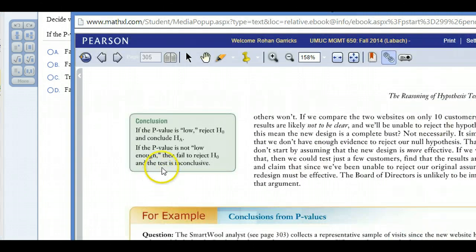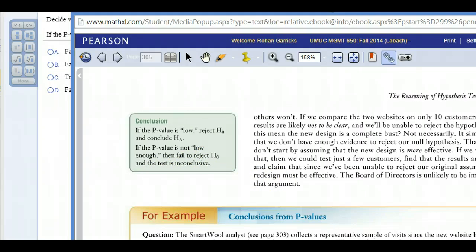The thing to remember is on page 305, you will see the conclusion. If the p-value is low, then you reject the null hypothesis and conclude that the alternative hypothesis is correct. If the p-value is not low enough, then we fail to reject the null hypothesis, and the test becomes inconclusive.